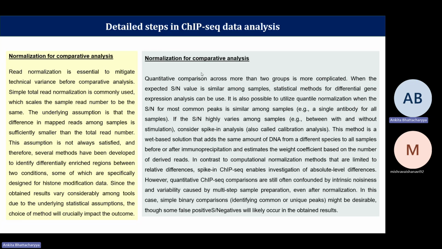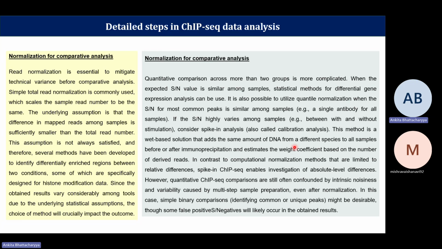You have aligned it to the reference genome to know where that read has come from. Then you have checked whether the presence of that read is significant or not. So you have checked for peaks. When we say peaks, we basically mean that these regions have got precipitated multiple times from multiple samples, suggesting that these are regions which are commonly regulated or commonly bound by the protein of our interest.